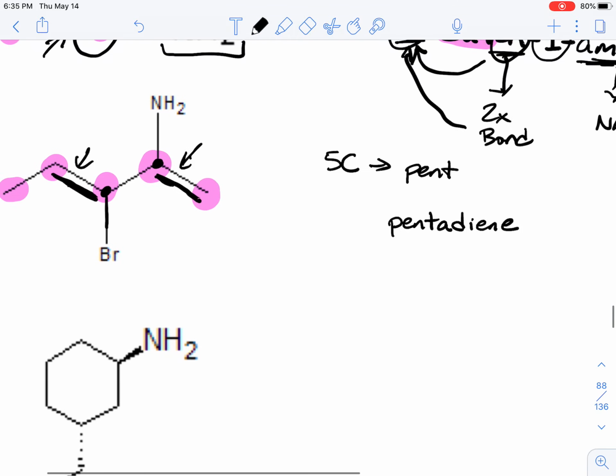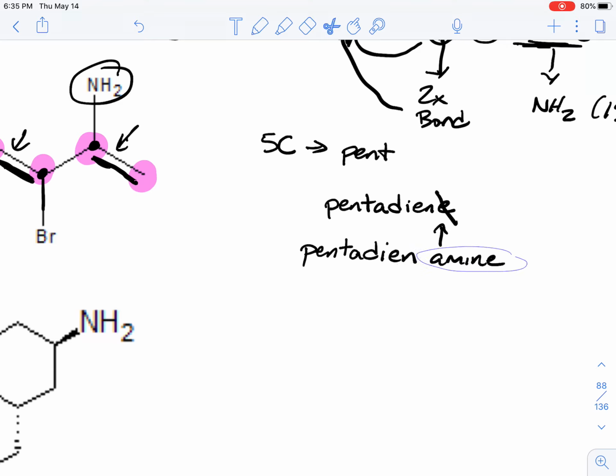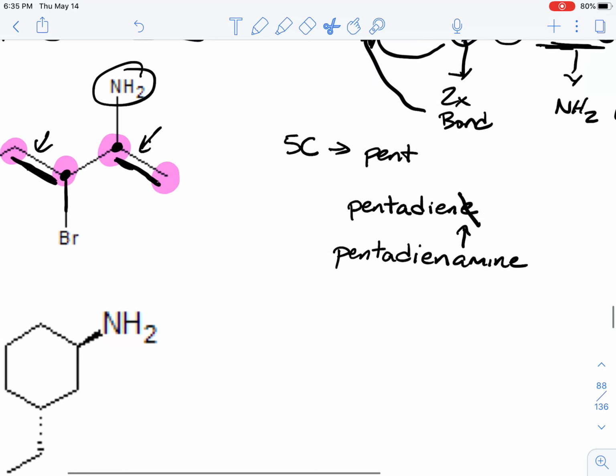And so since I have an amine, I need to cross out the last E and then put in an amine. So this is pentadiene amine. Okay, great.